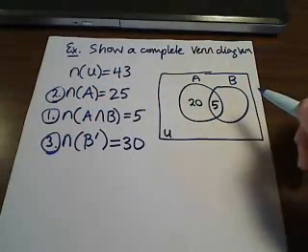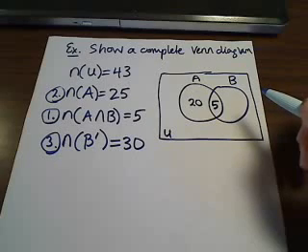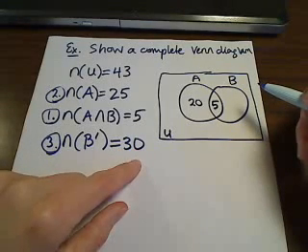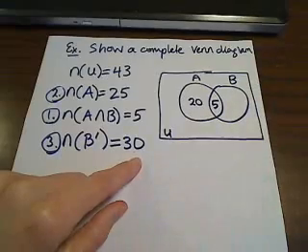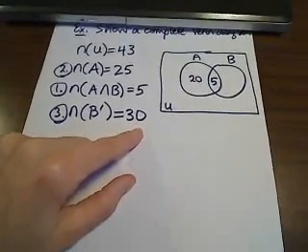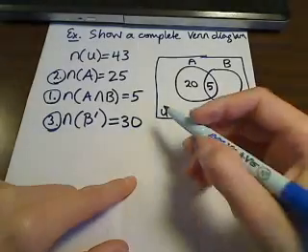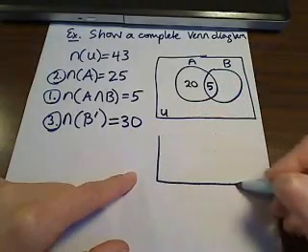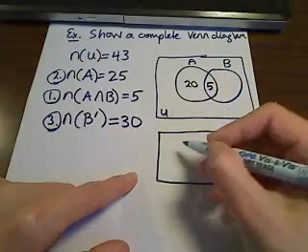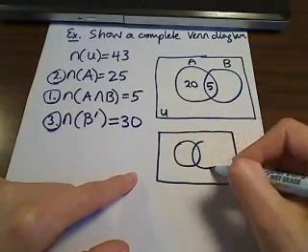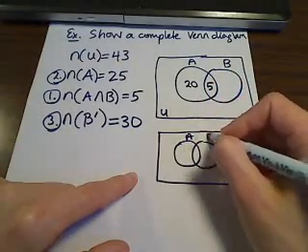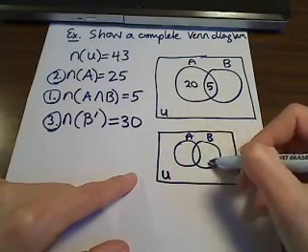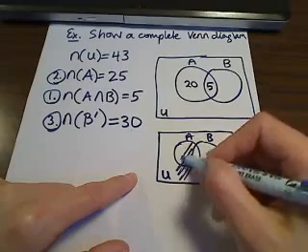Okay? All right. The next thing that I'm going to use is the number of elements not in B. So they're telling us that that's 30. So we need to take a look at what is not B. Okay, so if I just draw myself a little picture here, here's A and here's B. If this is B in here, then not B is everything on the outside of that.